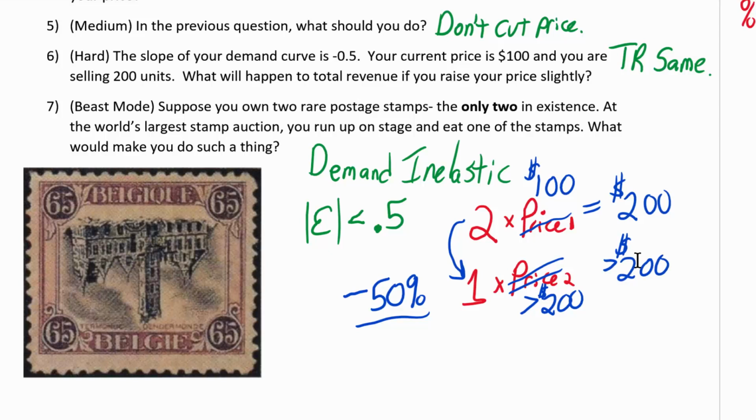So what we're saying here is, if the price goes from $100 to $200, that is a doubling of the price, or a minimum you want it to double. So that means that you expect the price to more than double, which is going to be a more than 100% change in price here for a 50% decrease in quantity.